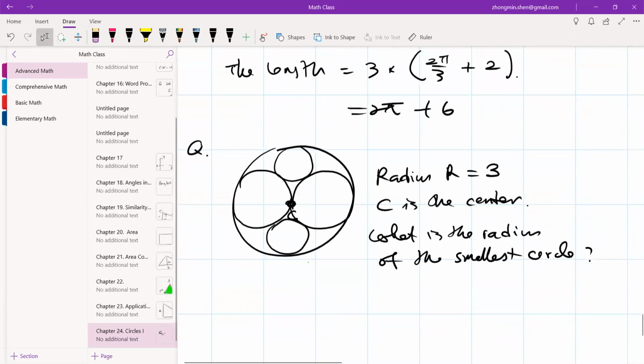Now, the largest circle has radius 3. So the two circles going through the center has a radius, I think, half of 3. Right? Because the diameter of those 2 small circles will be 3. So just divide by 2.